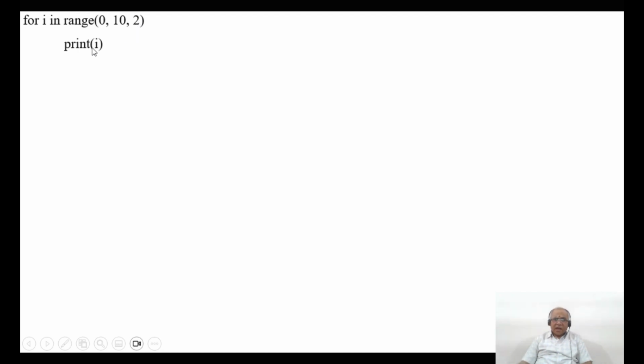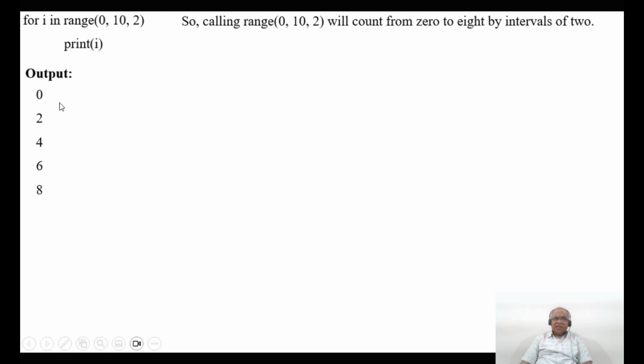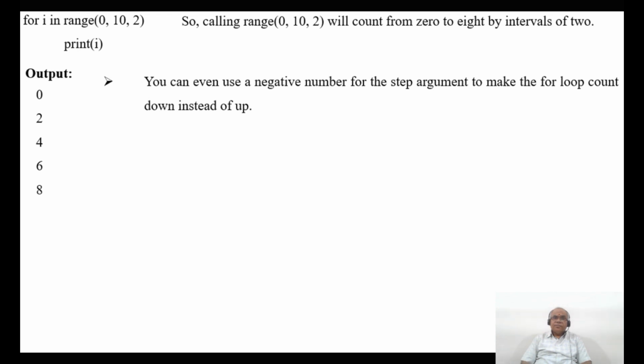So print i. What is going to be the output? The output will be 0, 2, 4, 6, 8. How exactly does it work? Calling range(0, 10, 2) will count from 0 to 8 by intervals of 2.